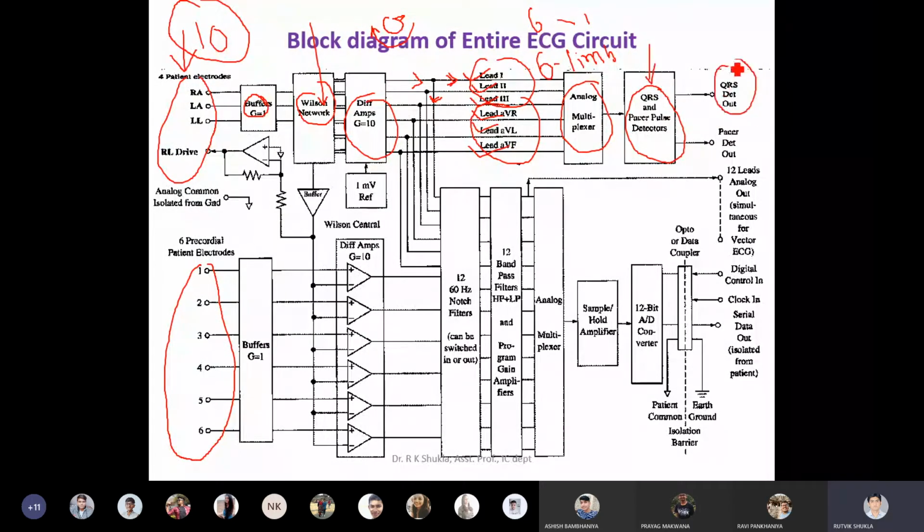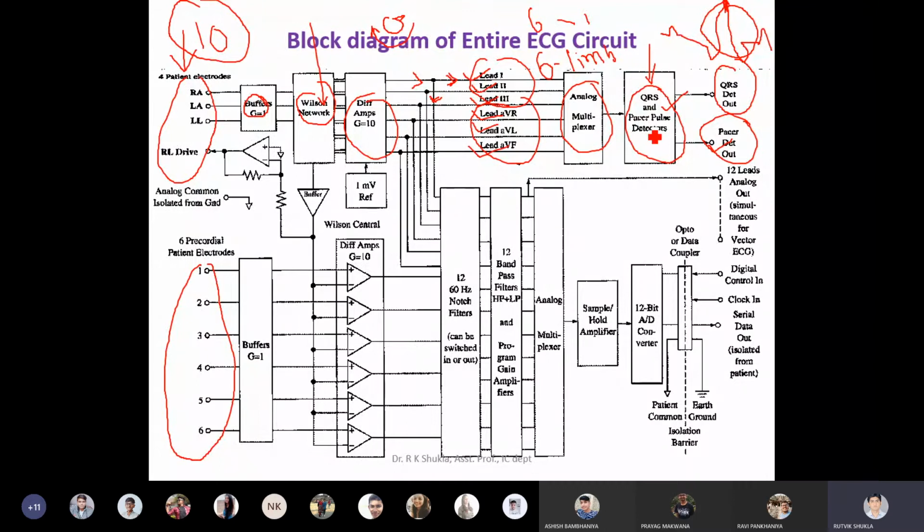This block gives 2 outputs. One is QRS detection. QRS means, as you know, that in an ECG signal there is a P wave, then there is QRS, and then we have the T wave. So this QRS complex will be detected by this particular block. And Pacer pulse means it also detects the peak of the R wave.